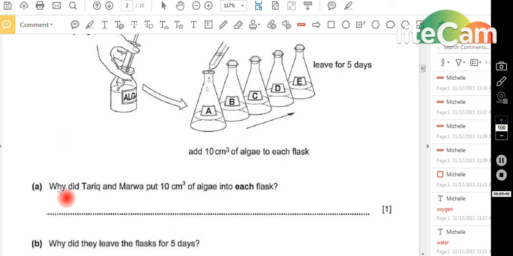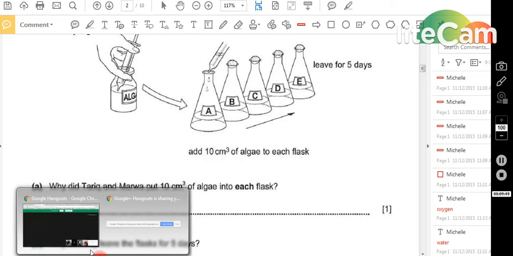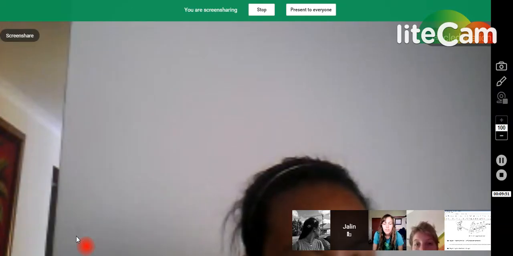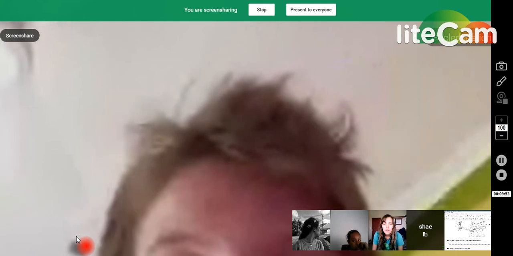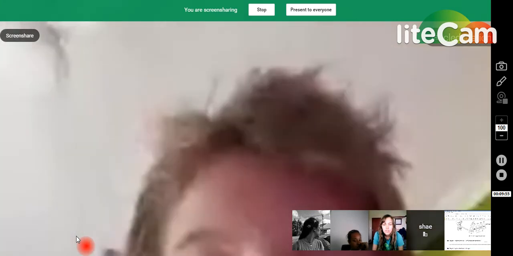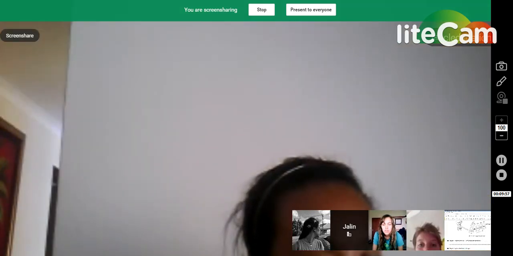So why is it important that there's 10 centimeters cube of algae put into each one of these flasks? In order to see the different results of the same amount of algae. Yes.